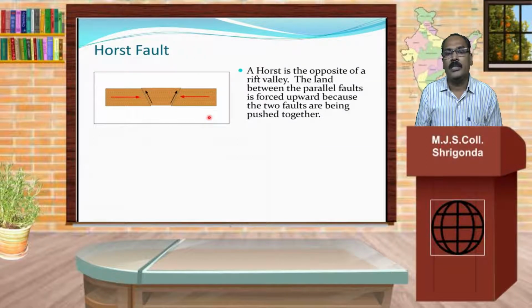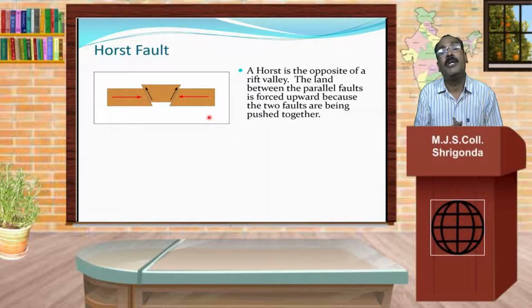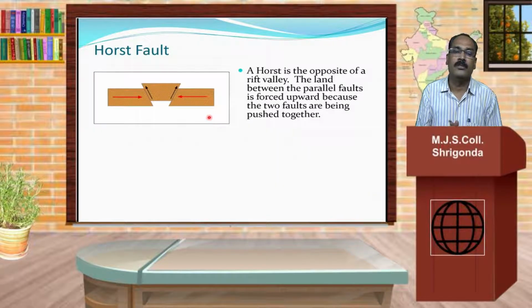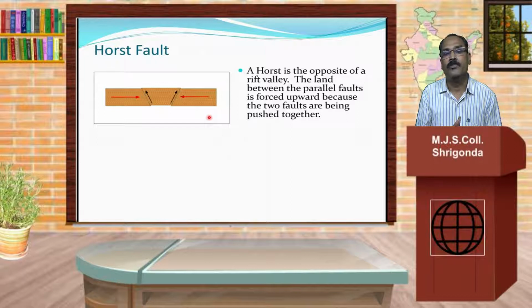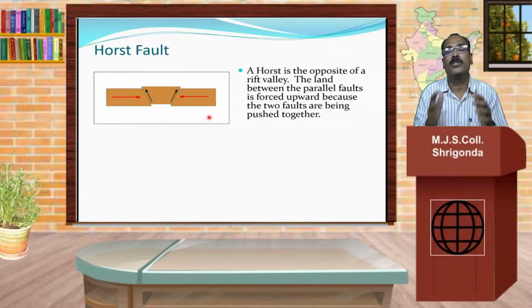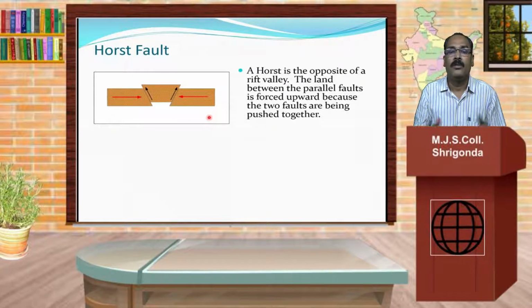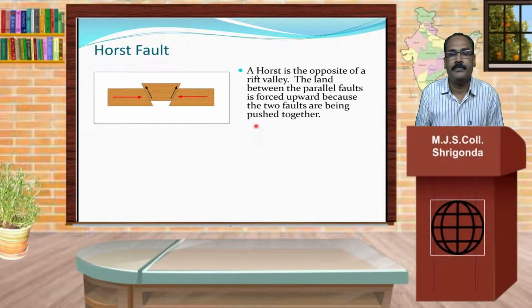The horst is the opposite of the rift valley. The land between parallel faults is forced upward because the two faults are being pushed together.